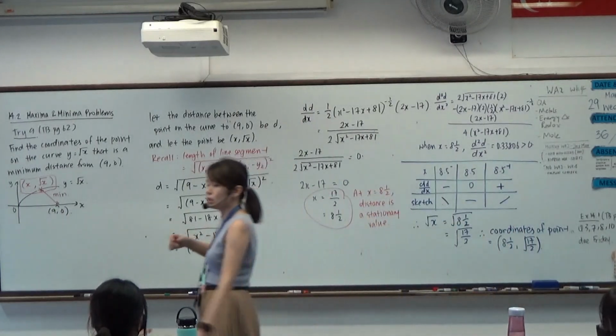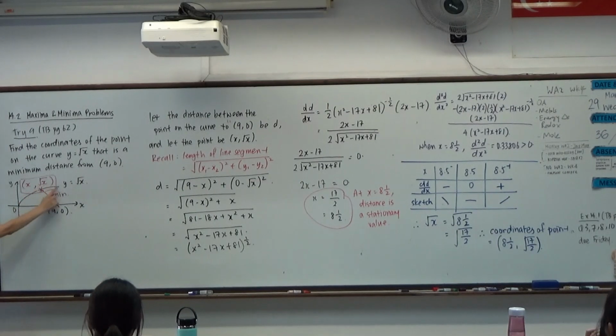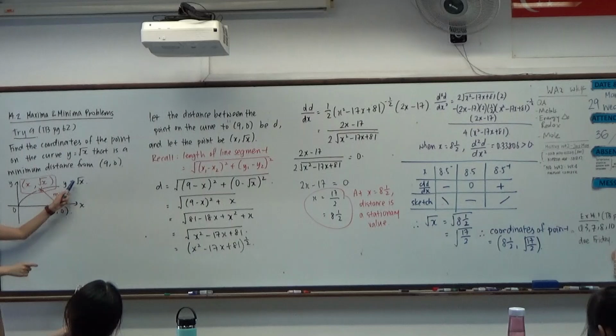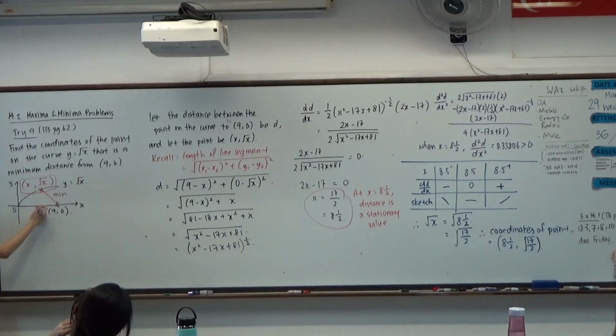I don't understand why the... Why the y coordinate, you mean? I mean the x coordinate. The y coordinate is square root x. It's because your function is y equals square root x. So let's say if your x value down here is 2, then you put it inside the function here, your y coordinate must be square root 2, right?